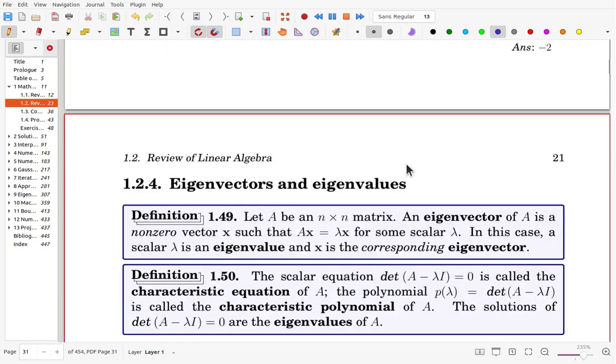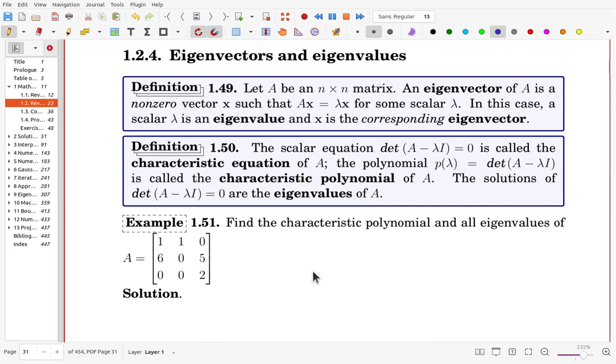Okay, we'll skip the example, and here we have eigenvectors and eigenvalues. For a square matrix A, an eigenvector of A is a non-zero vector x such that Ax equals lambda x for some scalar value lambda.